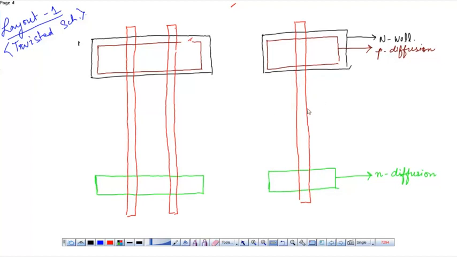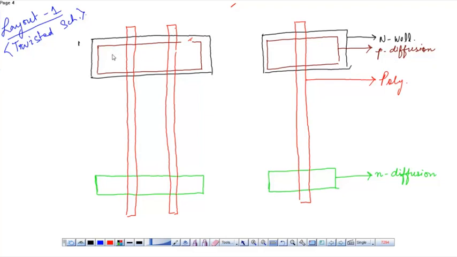So now, after drawing the poly, this is the poly layer. The poly layer is used to draw the gate. Now we have to connect the, let's name the terminals.